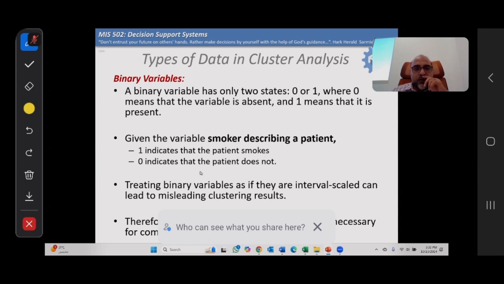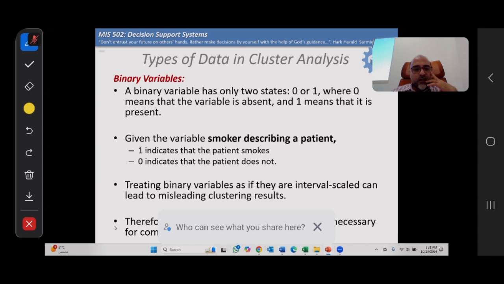So any two values. When you deal with gender, you can always convert this into 0 and 1. Okay, so that is not a problem. Whether you call it good, bad, big or small, or male or female, you can always convert that into 0 and 1. So that is the first thing.